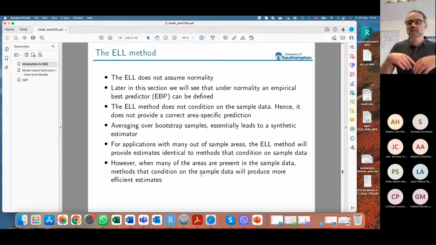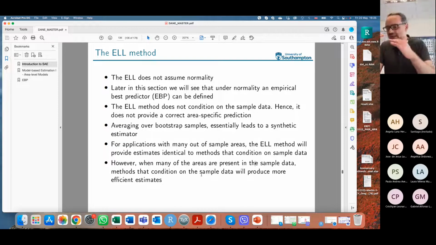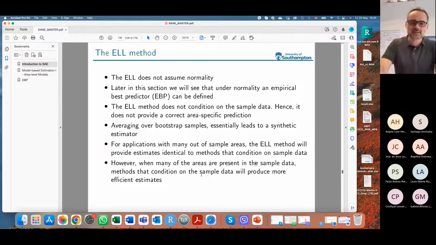The ABP method and the ELL method can be different for areas where you have sample data. However, if you have areas where you have out-of-sample data, then the ELL method and the ABP method will not give radically different results. They will be almost identical. There may be slight differences because of the way the model is fitted, but the results will be practically identical.